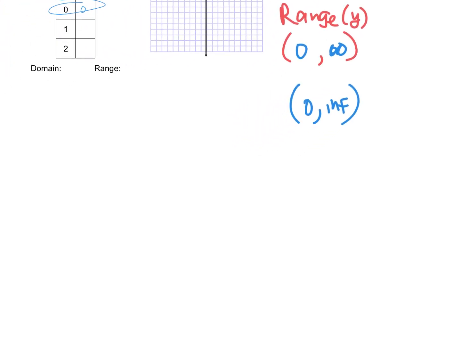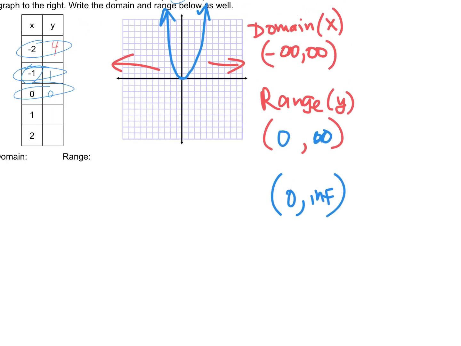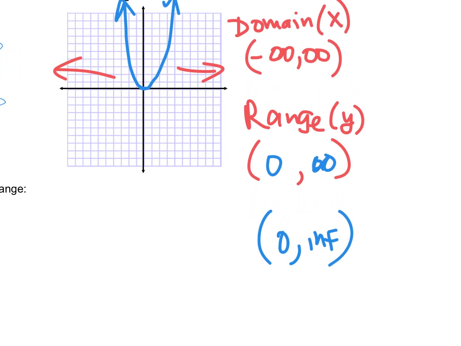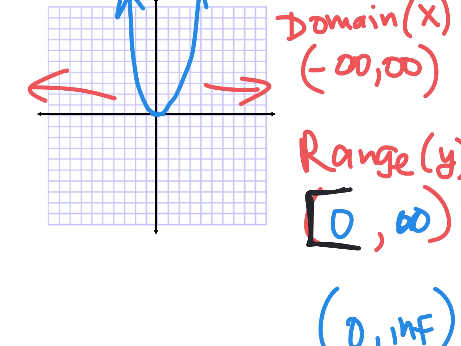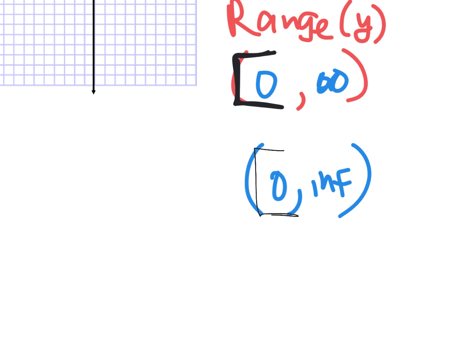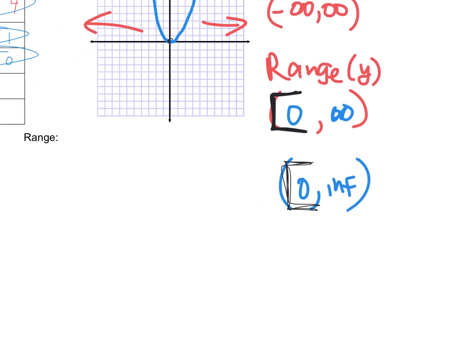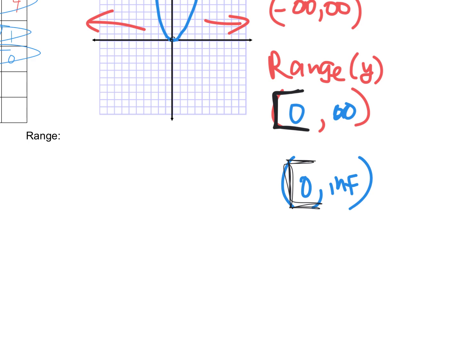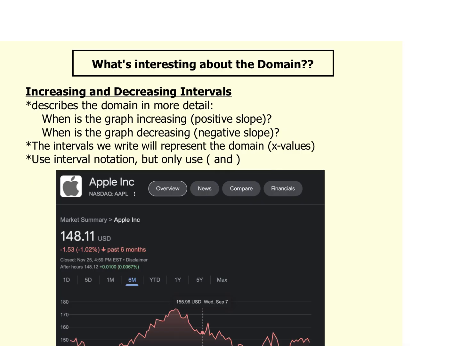Do we put brackets on the 0? Oh, you got me. Thank you for catching that. It's actually bracket 0 because it touches 0. Good call. I'm glad you said that because that would have been wrong on the Schoology quiz. A bracket is different than parentheses because it touches 0. Good catch.